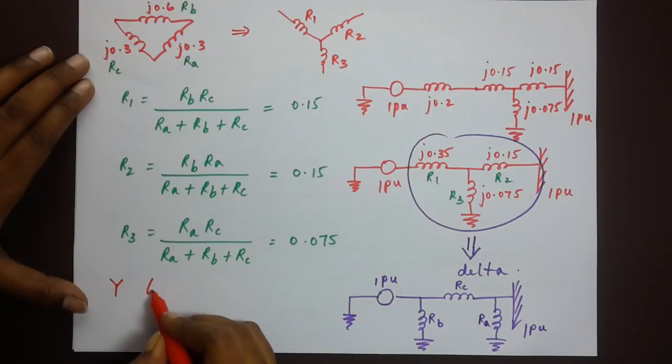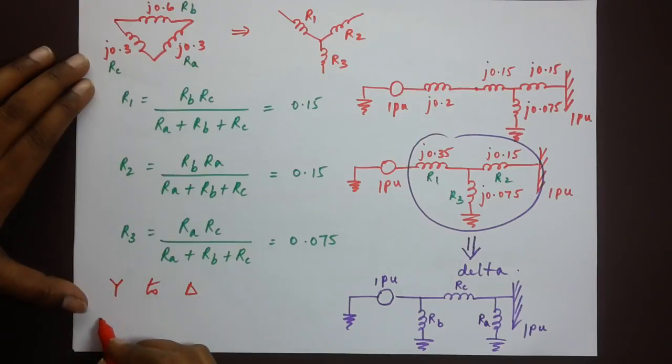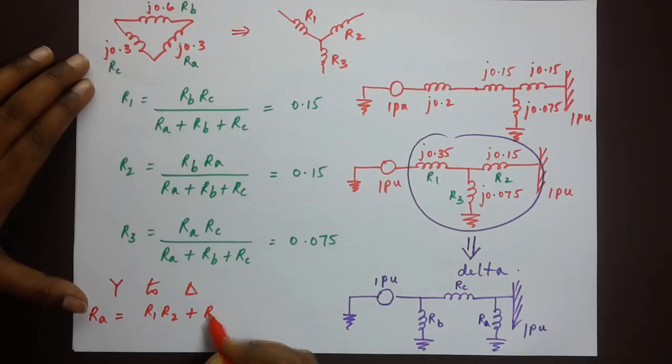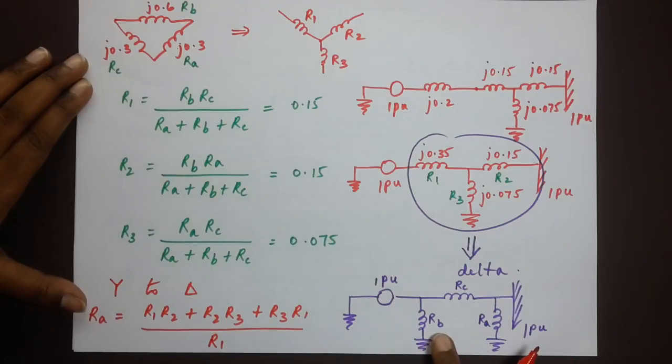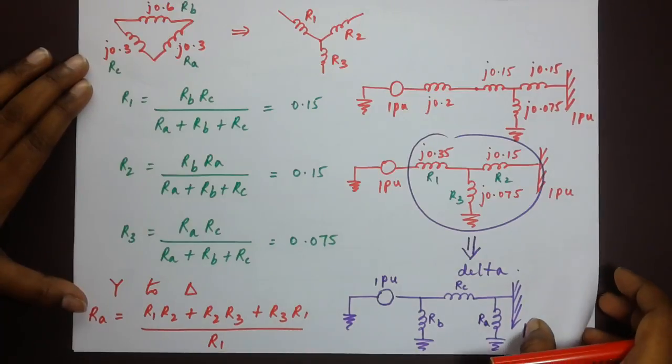I'll write down one formula, you can do the rest. RA would be R1 R2 plus R2 R3 plus R3 R1 divided by R1. RB would be the same numerator divided by R2, and RC would have the numerator the same, divided by R3.